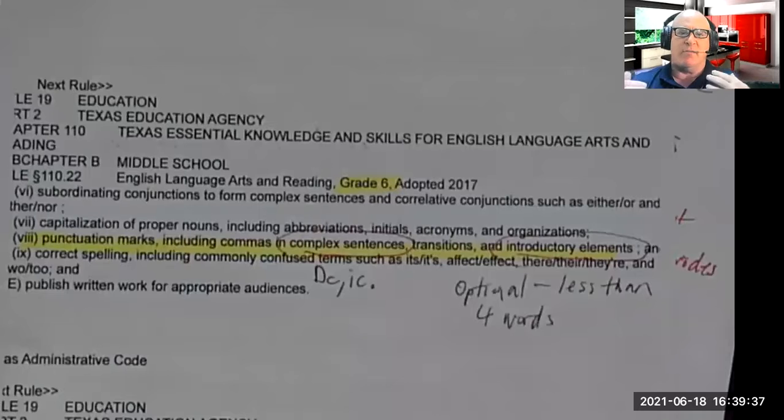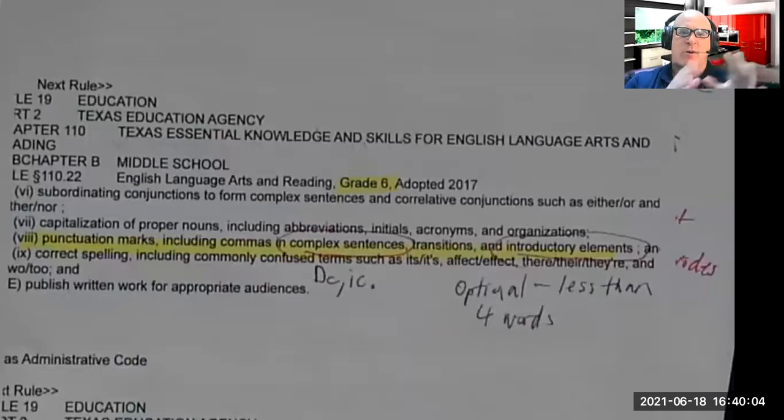If you start with something like that, for example, if I tell you, last night I ate a huge pickle, last night is my introductory phrase, but because it's so short, I don't need to put a comma. There's an unwritten rule that on short phrases you can omit the comma if you want to.